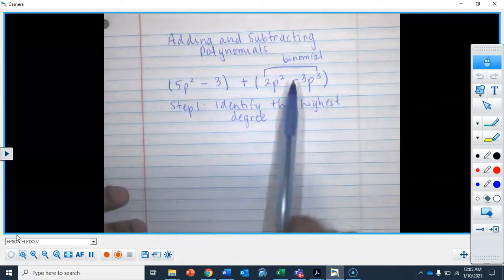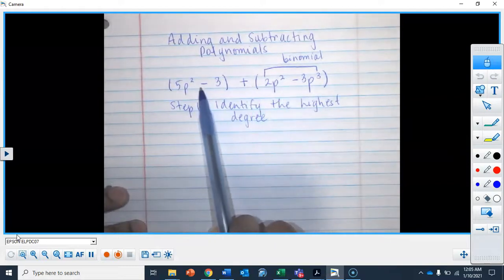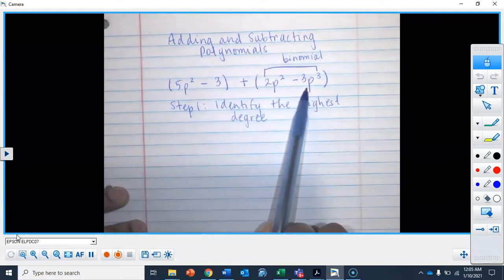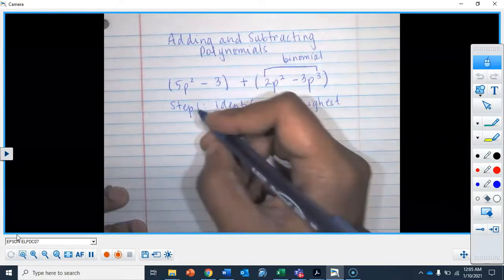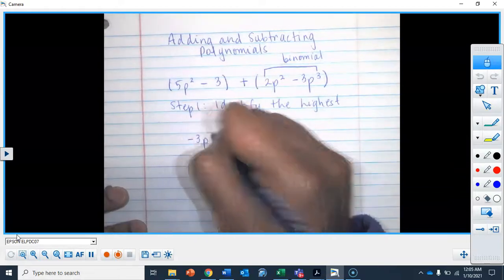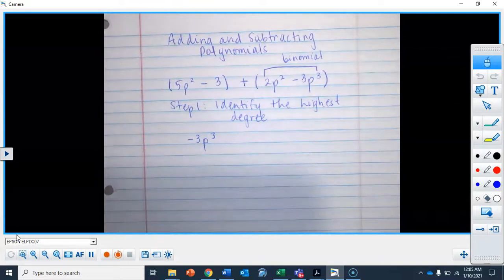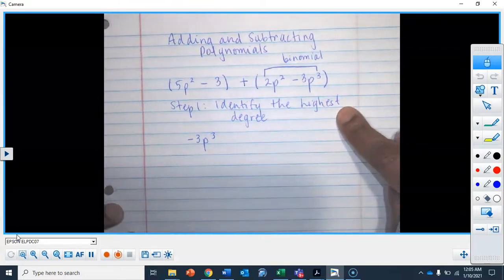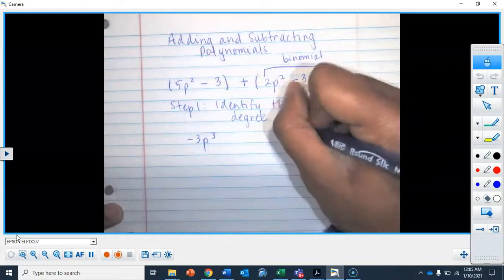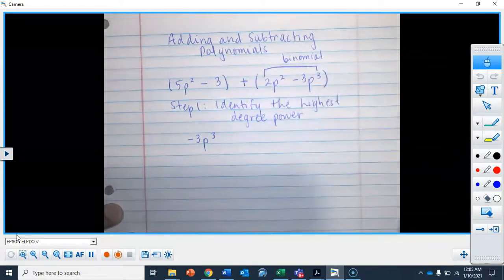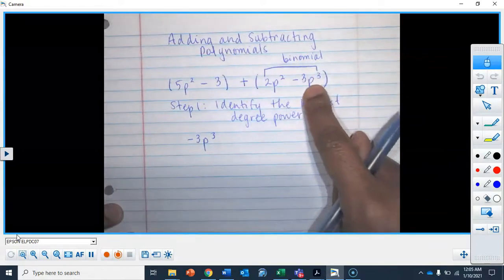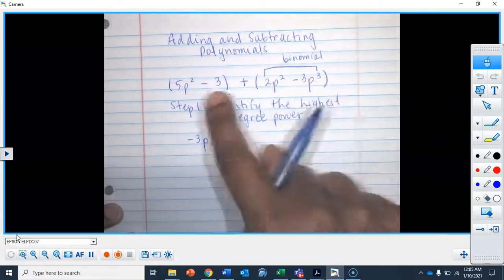When you look at this, you notice it's the only one of its type, so there's no one to combine it with, and we're just going to drop it down. Once you identify the highest degree power, or exponent, if there's no one else to combine with it, you just leave it.